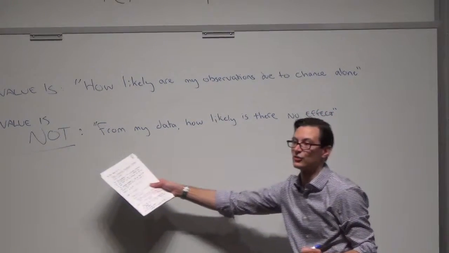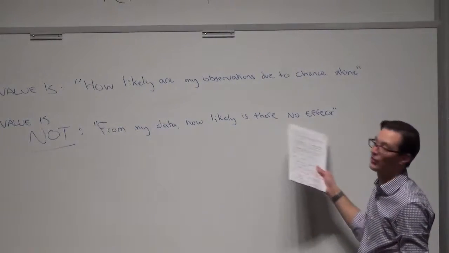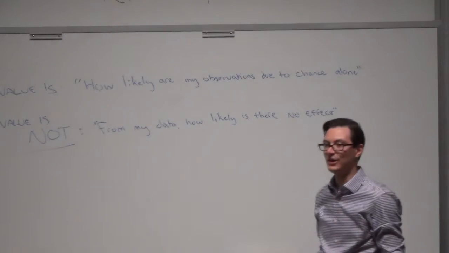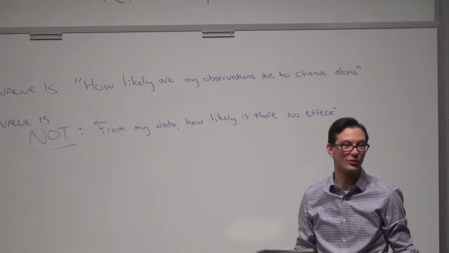P-value is not answering the question, from my data, how likely is there no effect? Or equivalently, from my data, how likely is there to be a real effect? They're sort of the same question, right?